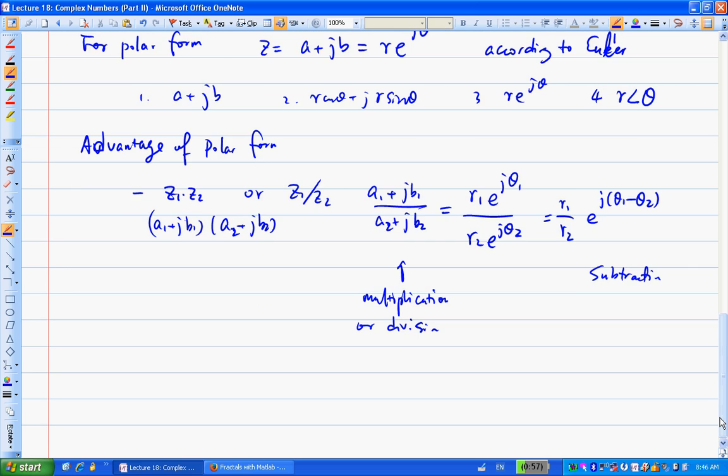As a matter of fact, this is a similar idea to when you learn logs. So log of AB: originally, if you have A multiplied by B and then you take a log, then instead of carrying out this multiplication, it becomes addition. Sometimes you probably would think, why would you do that?